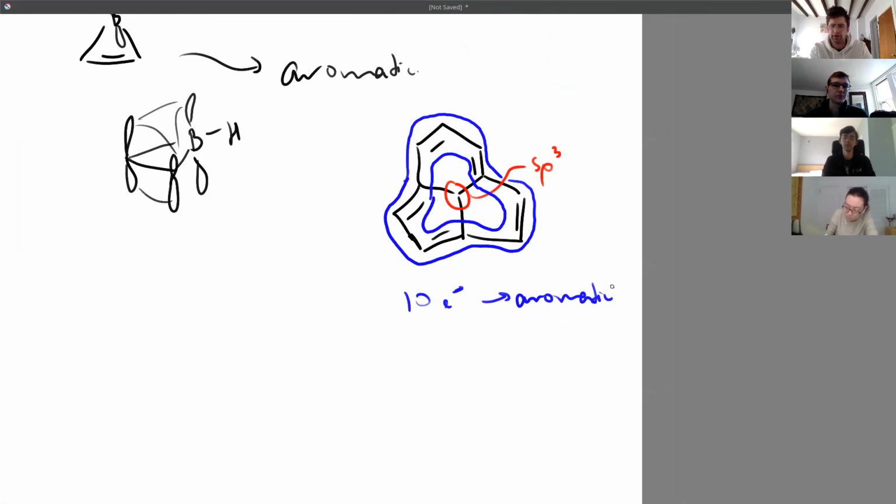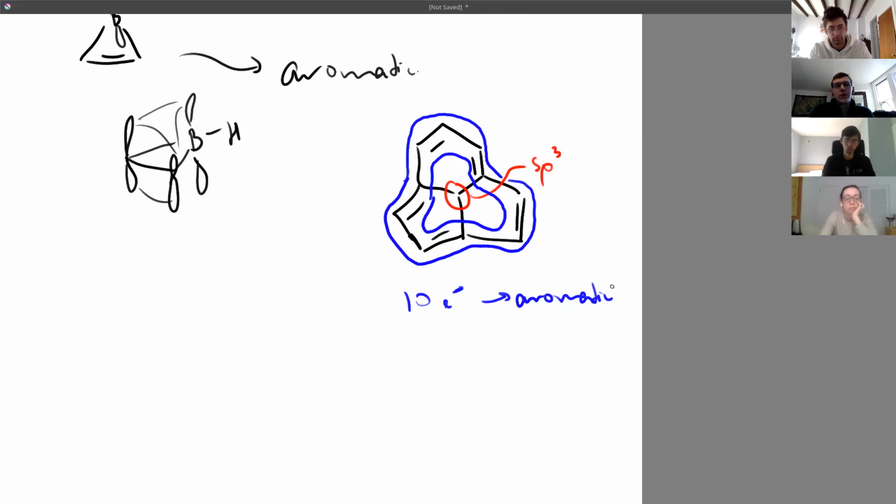But isn't that one of the criteria for aromaticity, though? Because it doesn't participate, right? Oh, as long as it doesn't participate. Yeah. So this is kind of a weird case, but it is aromatic.